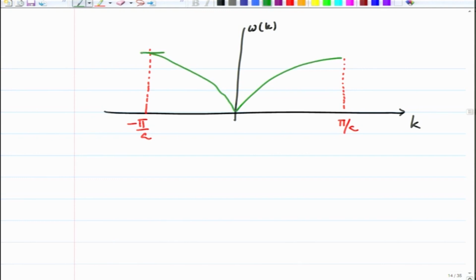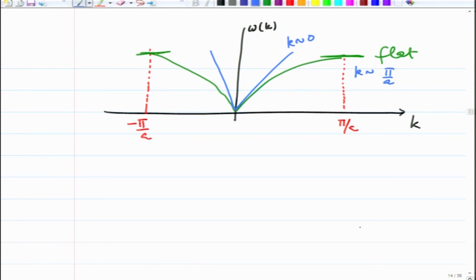It becomes flat at the Brillouin zone, and it is linear near k equals 0. It becomes flat, the omega curve, because omega is maximum at that point.